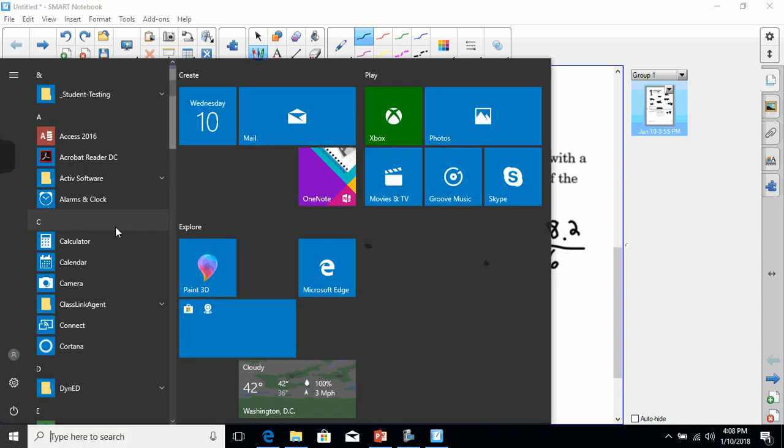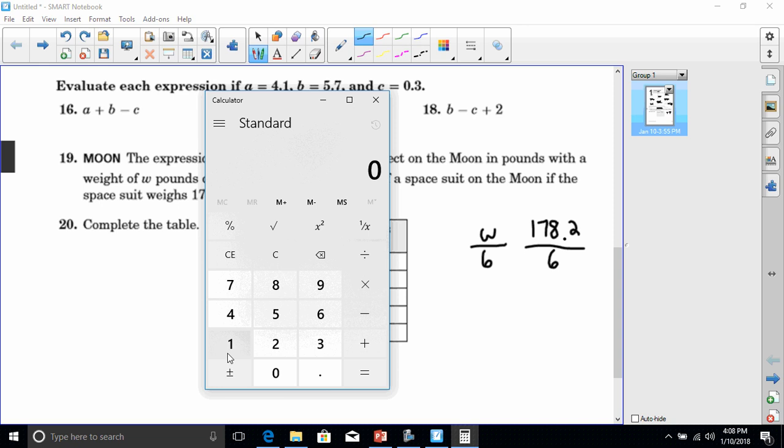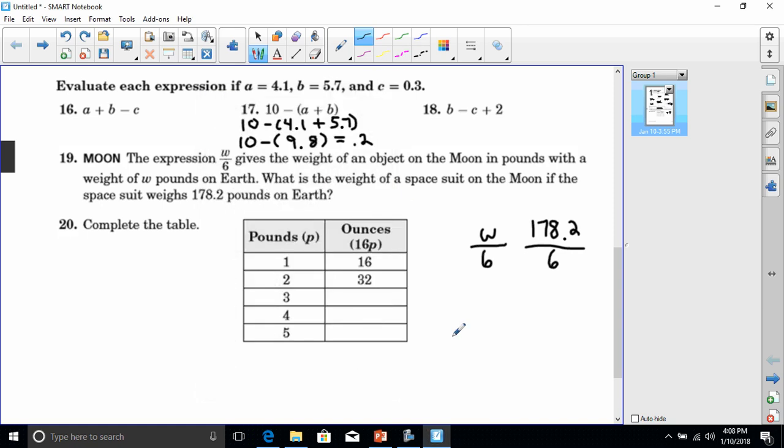Let's find our calculator and work that out. And if I do that, I've got, let's see, 178.2 divided by 6, and that tells me it's 29.7 pounds. So the answer to this one is 29.7 pounds.